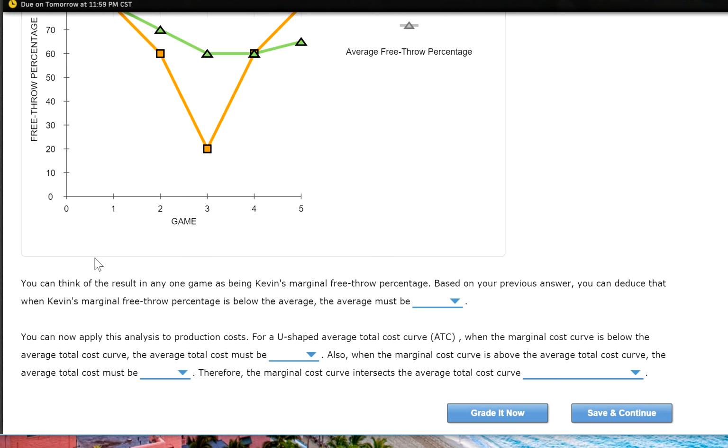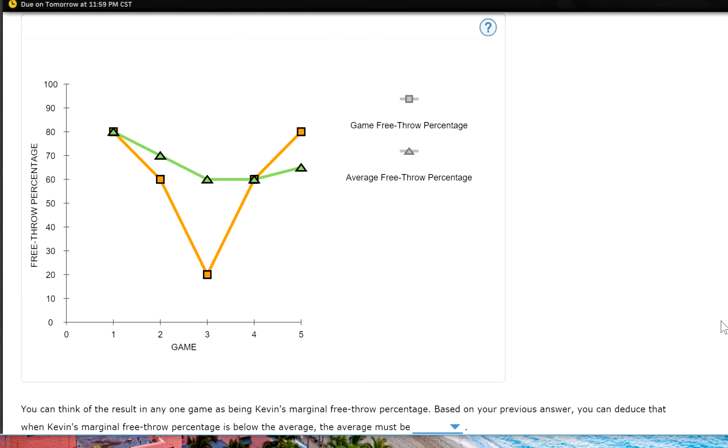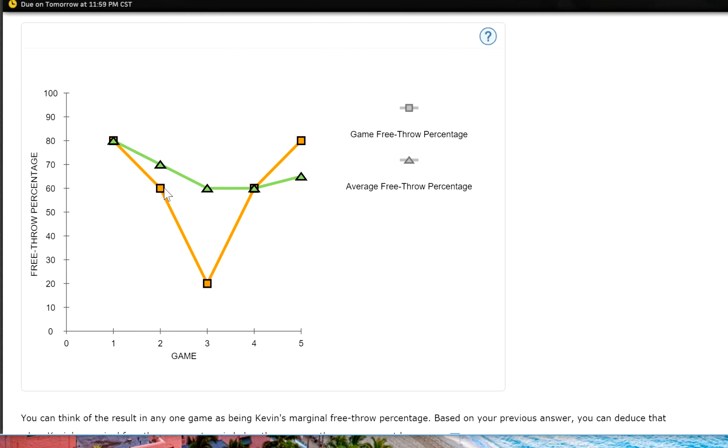Based on your previous answer, you can deduce that when Kevin's marginal free throw percentage is below the average, the average must do what? Now, if you look at this pattern on the graph, every game, so let's take game 2. See how on game 2 the orange line, the one game percentage, is below the green line, below average, the average is always going down.